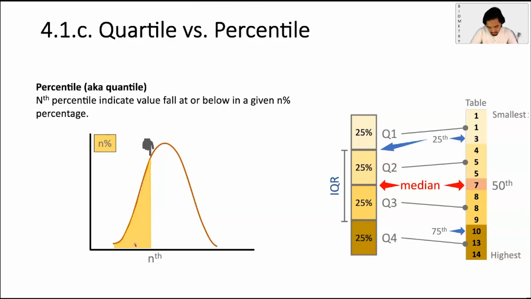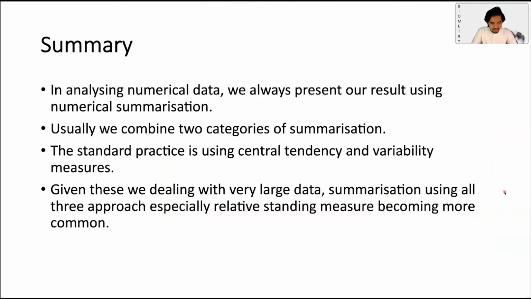For example, if you want to know how many data fall below a certain percentile, such as the 25th percentile, you are counting the data collected up until this region. The median is your 50th percentile.